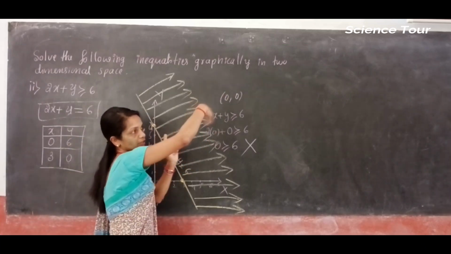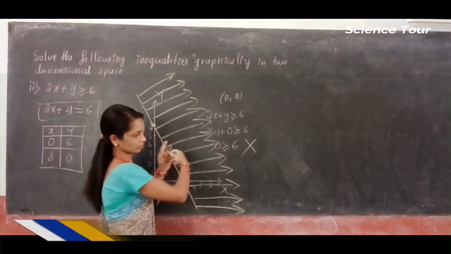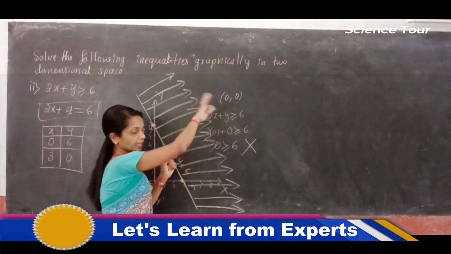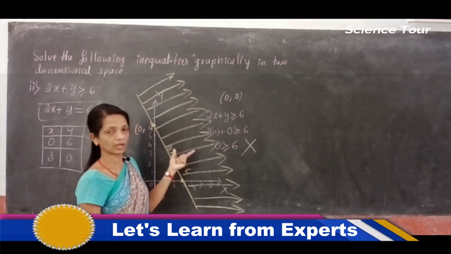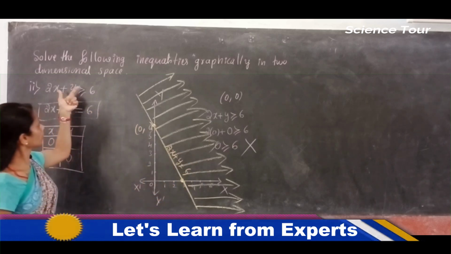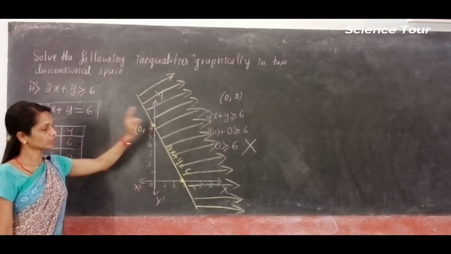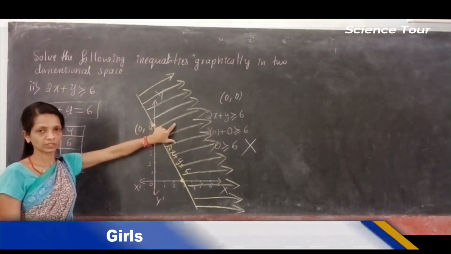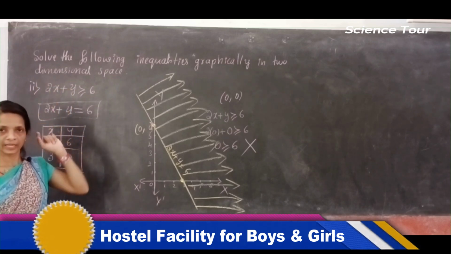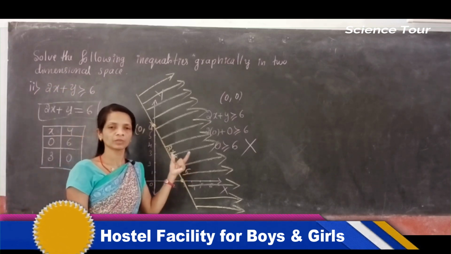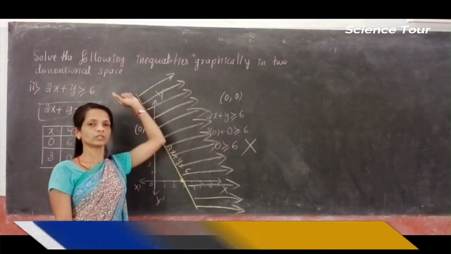If you have time you can shade fully. All the points in that shaded region are the solutions of this inequality. So this shaded region is the solution region of this inequality, which gives all the solutions of the given inequality.